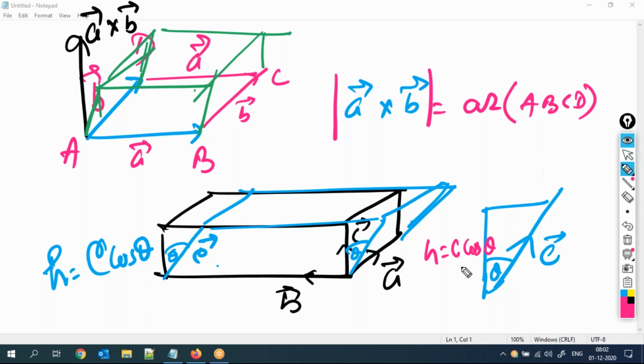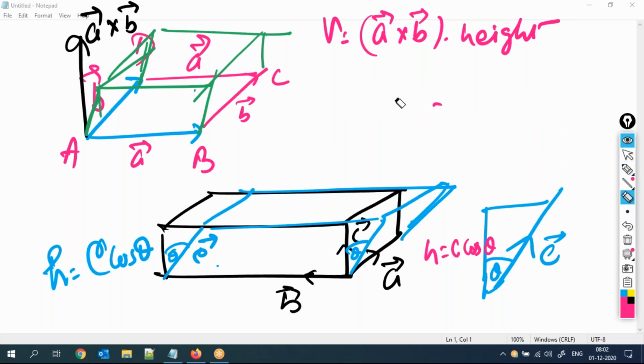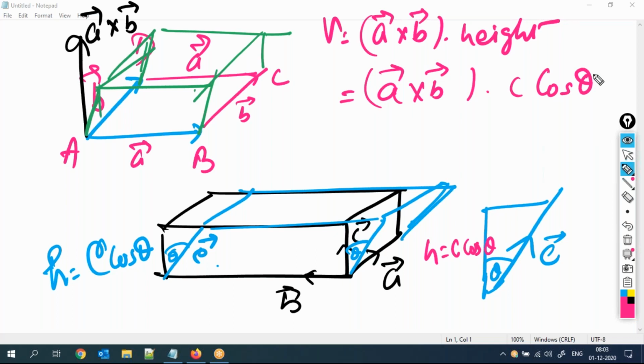And volume equal to what? A cross B dot height. Yes or no? Yes, sir. Equal to what? A cross B and C cos theta, right?